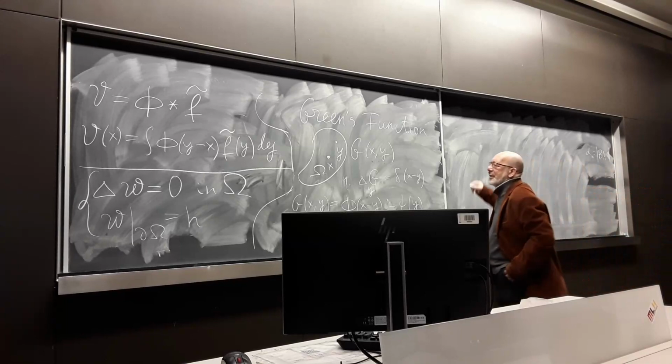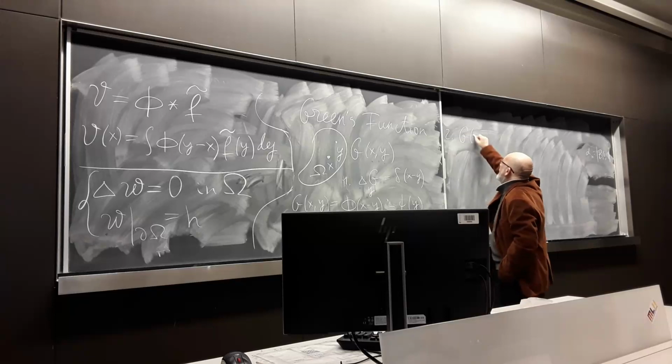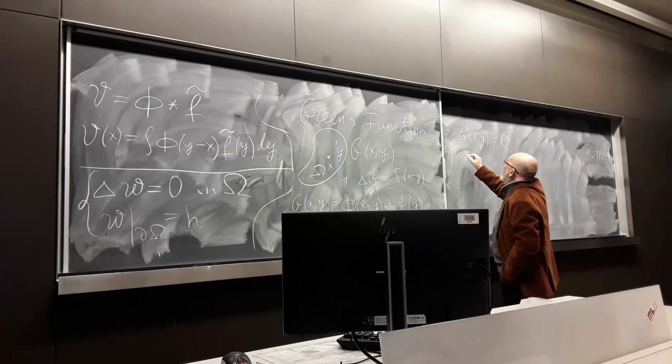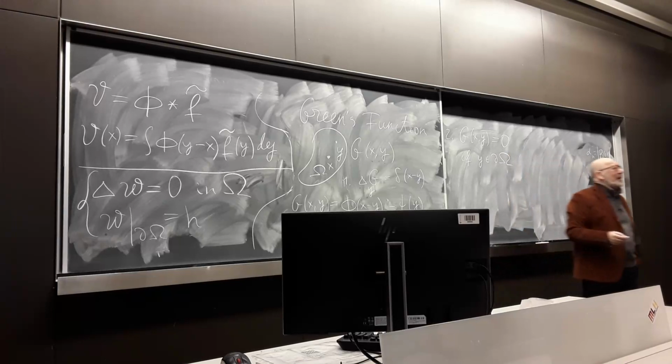The important thing is the second condition, g of x, y equals 0 if y is in the boundary of omega.